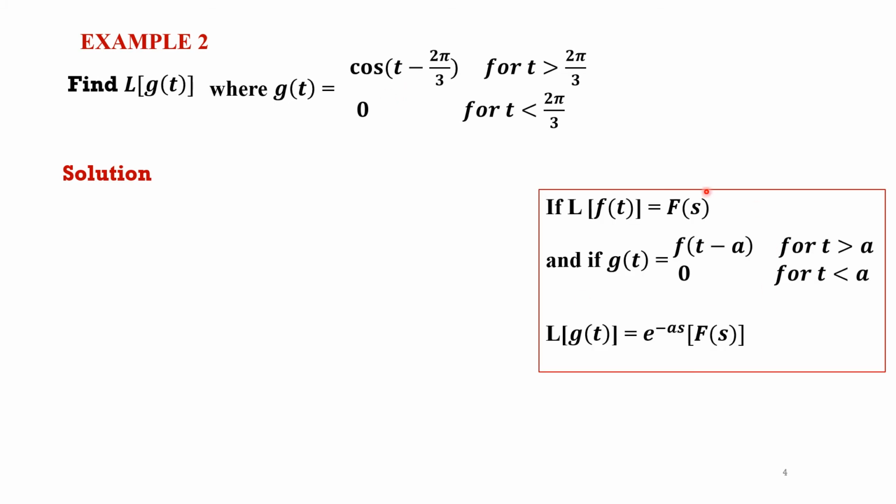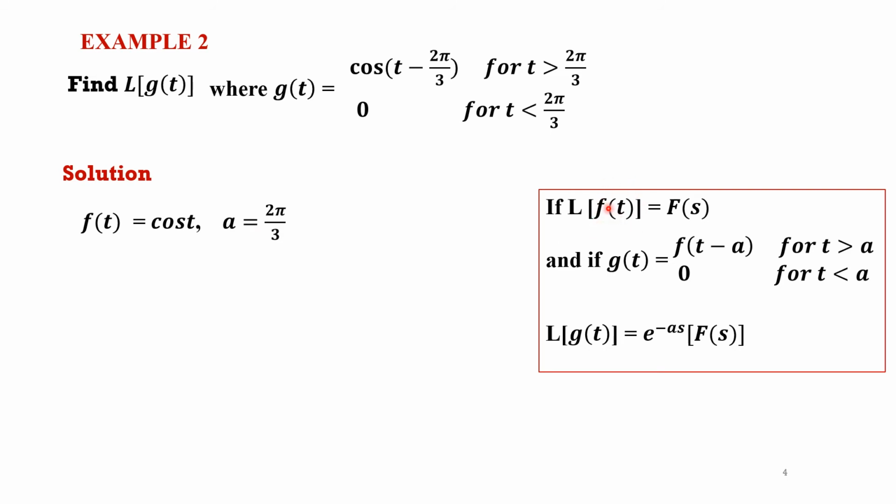So from the second shifting theorem, a is equal to 2 pi by 3 and f of t minus a is cos of t minus 2 pi by 3. If I remove this minus 2 pi by 3, we will have the function cos t, which means f of t is cos t and a is equal to 2 pi by 3.